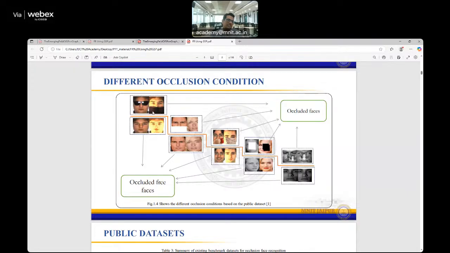Here you have to reconstruct the image so that the person's face can be visible. In the same way, here the person's complete face is not available, and there also you can recover it. So these are occluded-free faces. This is the solution, and in the upper level it is the occluded face.